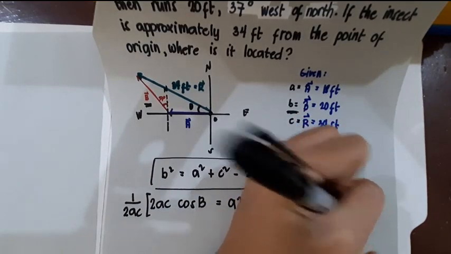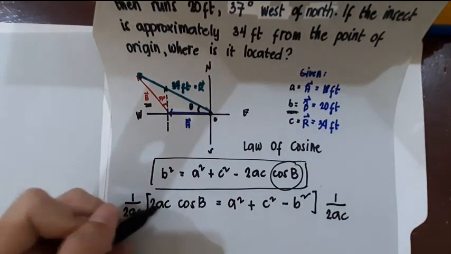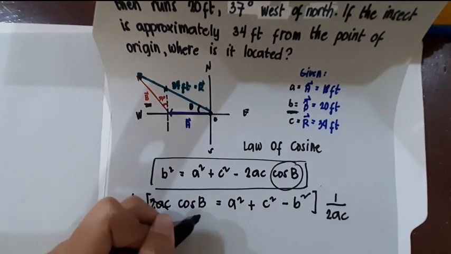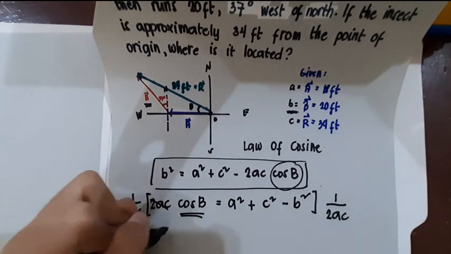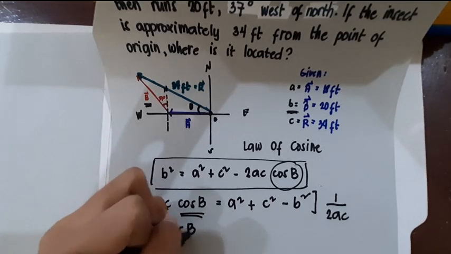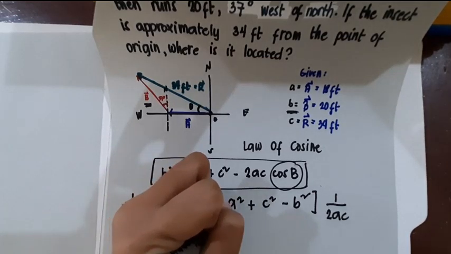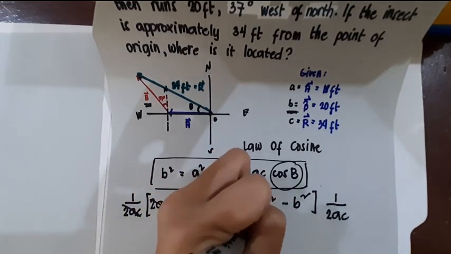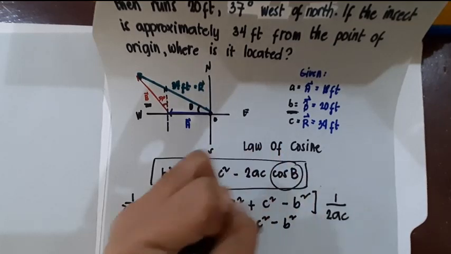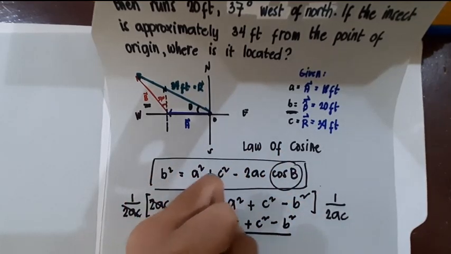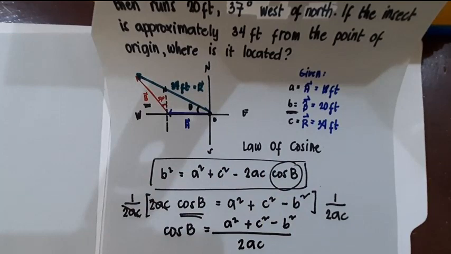So this will cancel out. What will be left is cosine B is equal to A squared plus C squared minus B squared over 2AC.